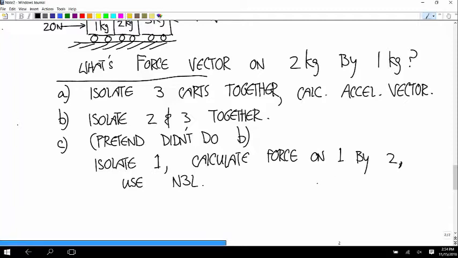We're going to be able to calculate the force on the 1 by the 2. And what Newton's third law says is that if you know the force on the 1 by the 2, the force on the 2 by the 1, that same contact force just acting on the opposite body, has the same magnitude in the opposite direction.